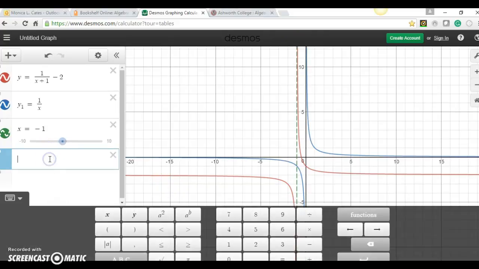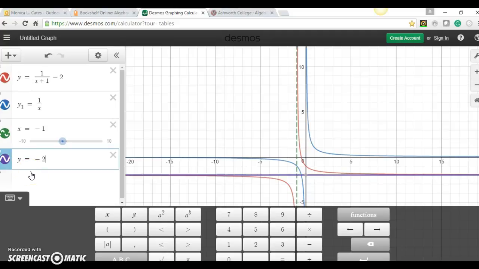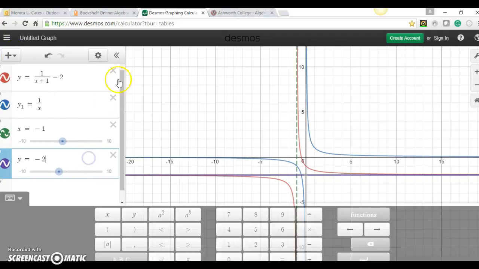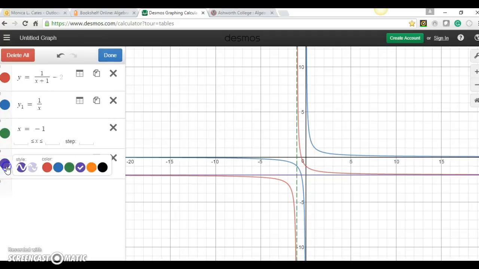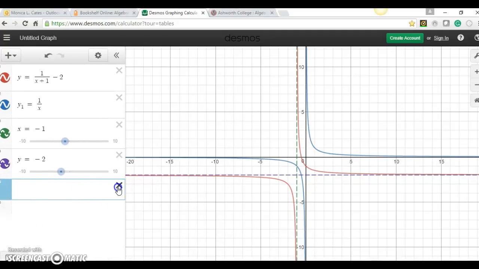Now for my y, we know my y is this minus 2, so it's supposed to be a negative 2. I'm going to edit this and change it to dotted so we can see. And again, looking at the red one, it's getting closer and closer, but not touching it. So it's getting closer and closer to the green and the y.